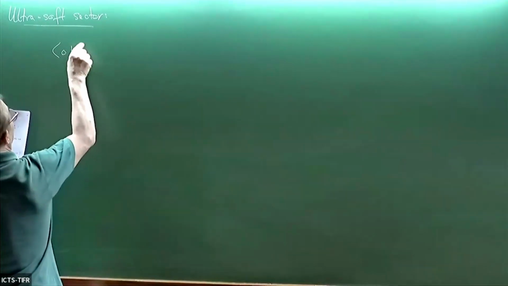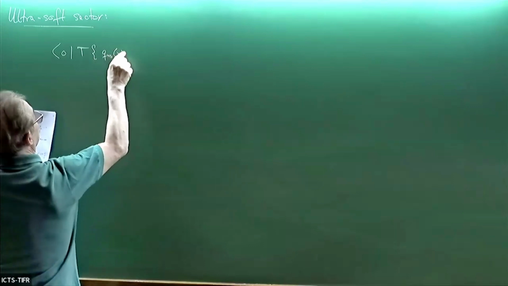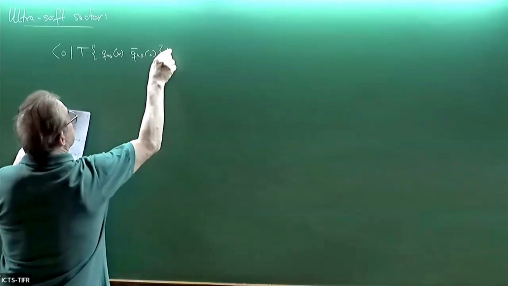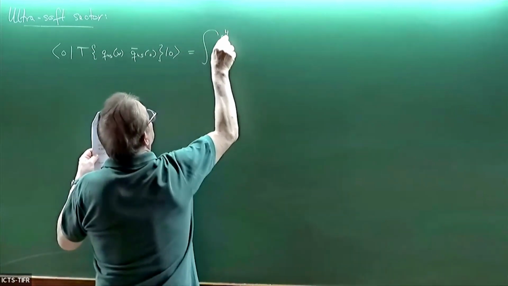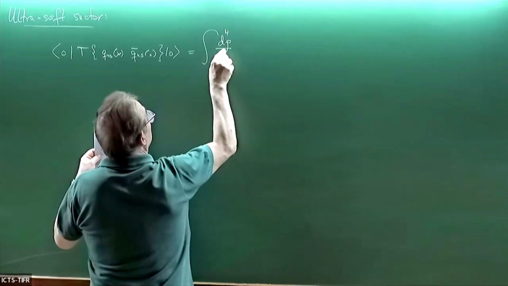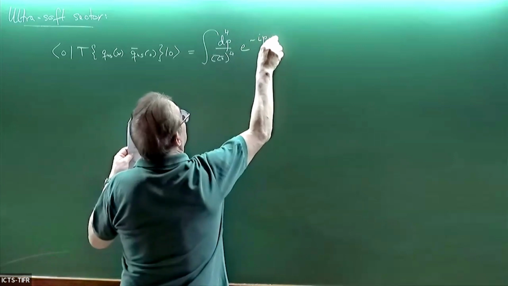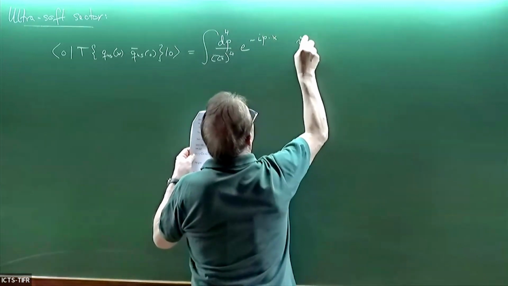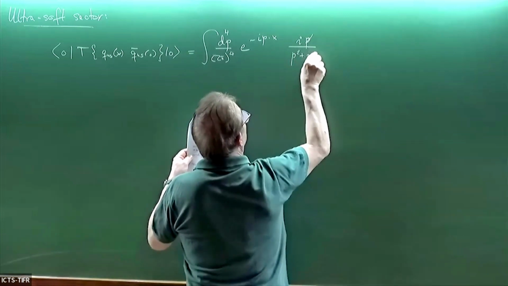So if we look at the power counting for ultrasoft quarks, the propagator, integral d^4p over (2 pi)^4, e^{-ipx}, and now here, I'm always setting the masses to 0 for today, over p squared plus i epsilon.